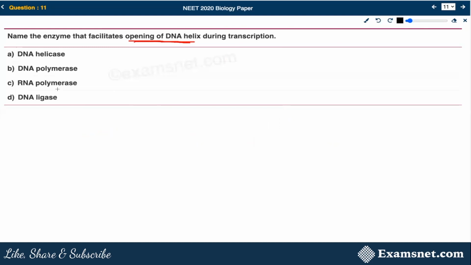So the enzyme which is responsible for this is whether it's DNA helicase, DNA polymerase, RNA polymerase, or DNA ligase. So opening of the DNA helix is being promoted by your DNA helicase enzyme. All right. So the correct answer will be option A.